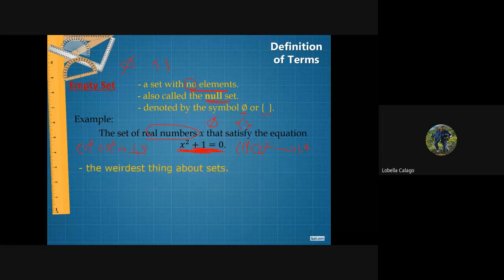So, how about the empty set? It is said to be the weirdest thing about sets. Why weirdest? Because you're going to find an equation that will not be satisfied by anything. So it is really weird, because you're trying to find an existence in that set, and there will be none.